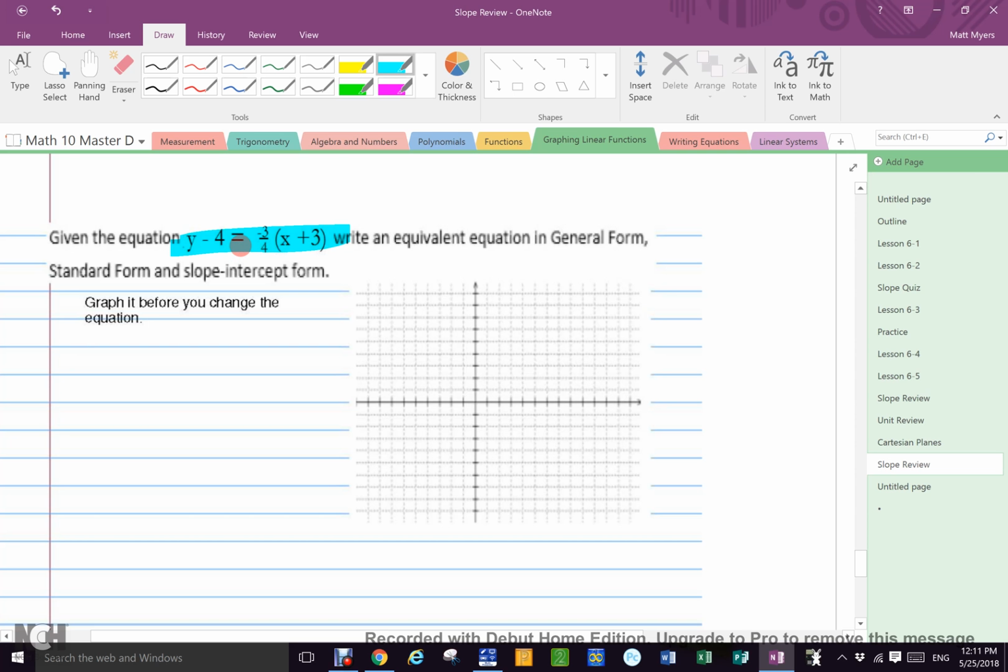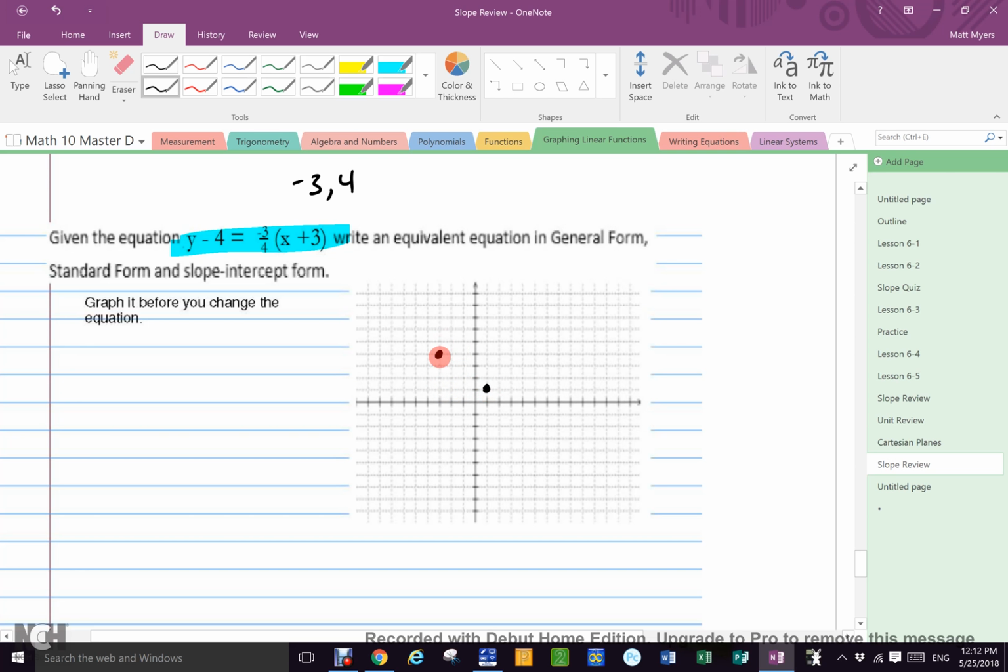Where did you start? Negative 3 on x and positive 4. You started at negative 3, 4, because you remembered that those signs have to be opposite. Then what did you do from that point, Louis? The slope is negative 3 fourths. So it's down 3, right 4.